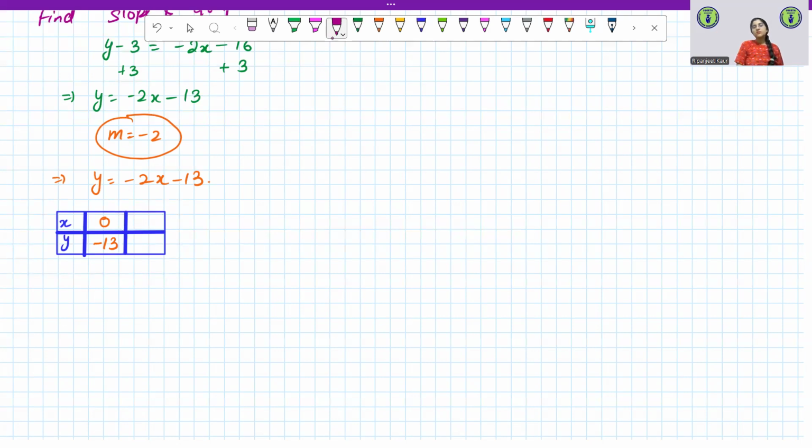That means you want to plug in x equals 2? Okay, if x is equal to 2, what is y? Negative 4 minus 13. Negative 17. That's right.